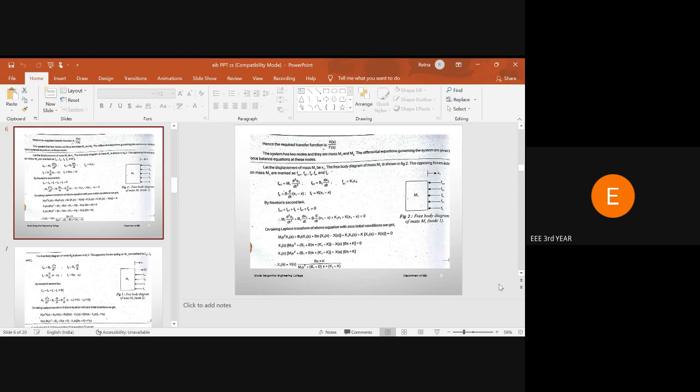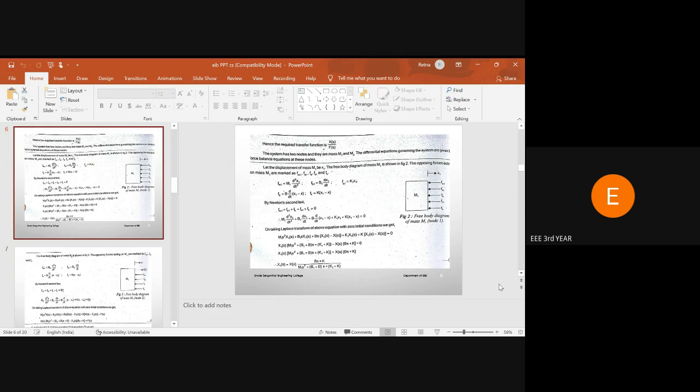Fm1 is m1 into d square x1 divided by dt square. Fb1 equal to b1 into dx1 divided by dt. Next, Fb equal to b into d of x1 minus x divided by dt. Next, Fk1 is k1 into x1. Next, Fk is k into x1 minus x. By Newton's second law, applied force equal to opposing force.